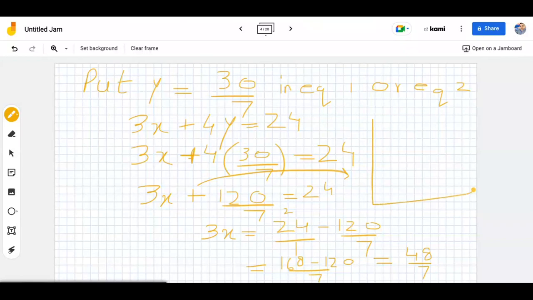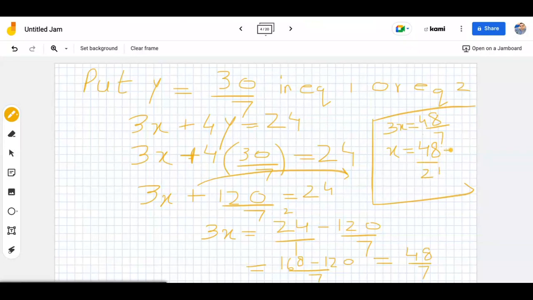All right, so we can solve the last part of the question. 3x equal to 48 over 7. x will be equal to 48 over 21.